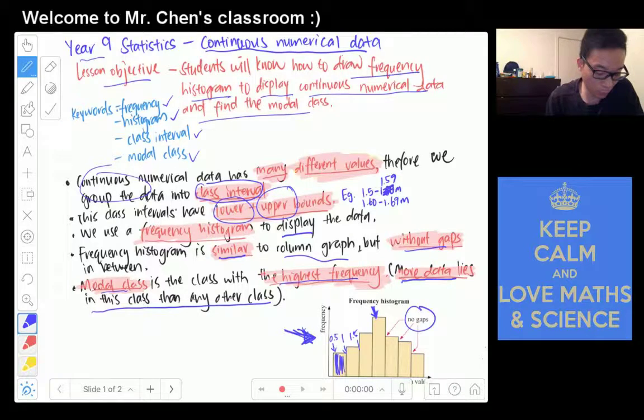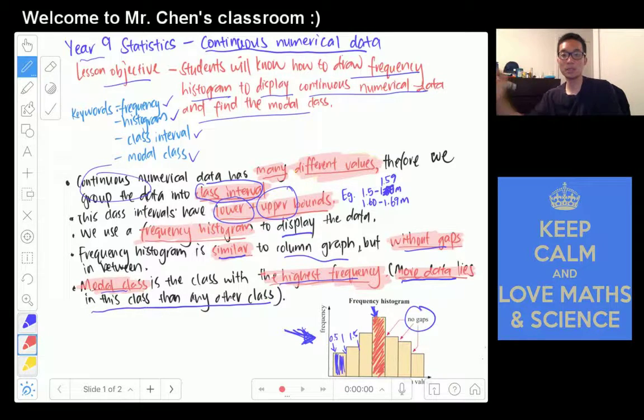I'm going to highlight this with red. This red one is your modal class because it has the highest frequency, meaning more data lie in that class than any other. Compared to that one, it doesn't have as much data.